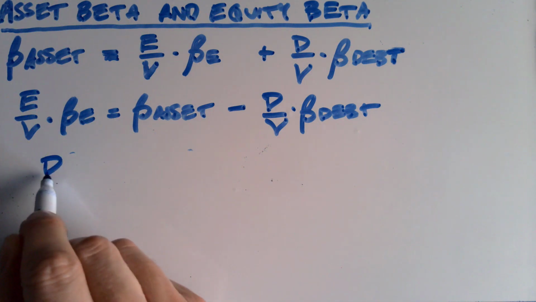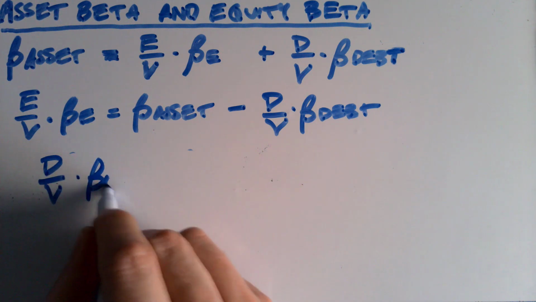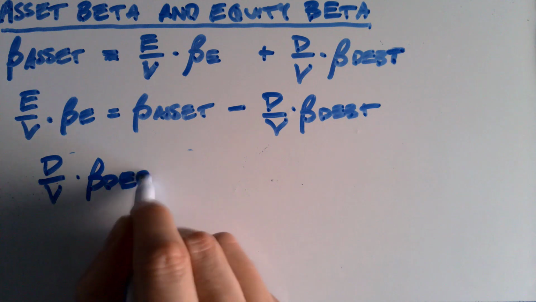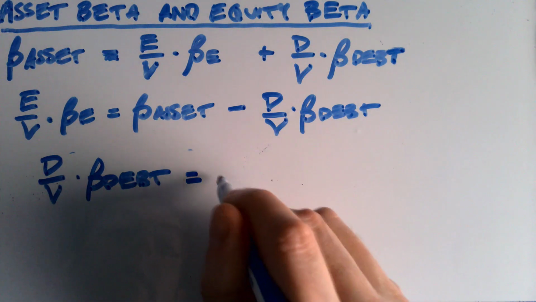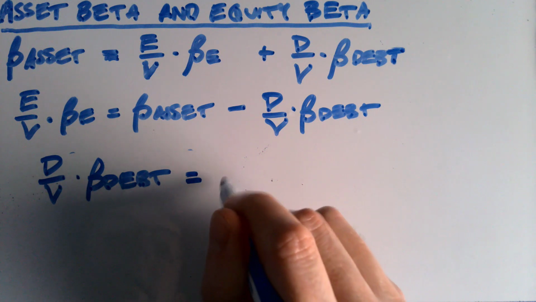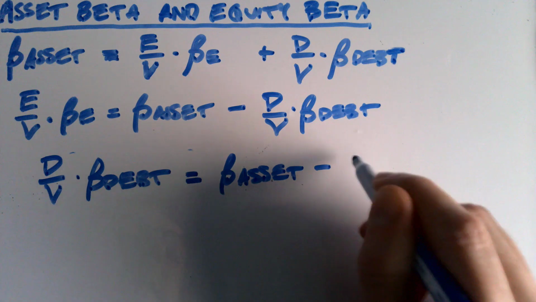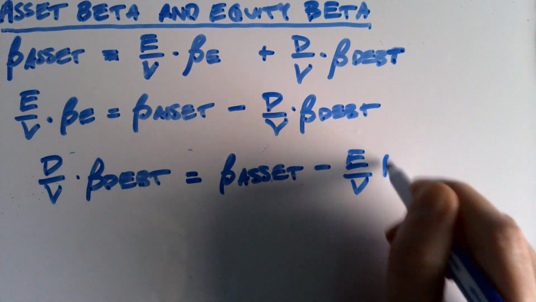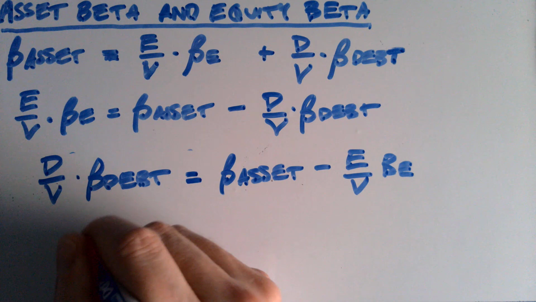So I'm going to add D over V times beta of the debt to both sides, and so that's going to leave us with beta of the asset minus E over V times beta of the equity. What do we do now? Well, we'll need to multiply both sides by V over D, and it's going to cancel out on this side.